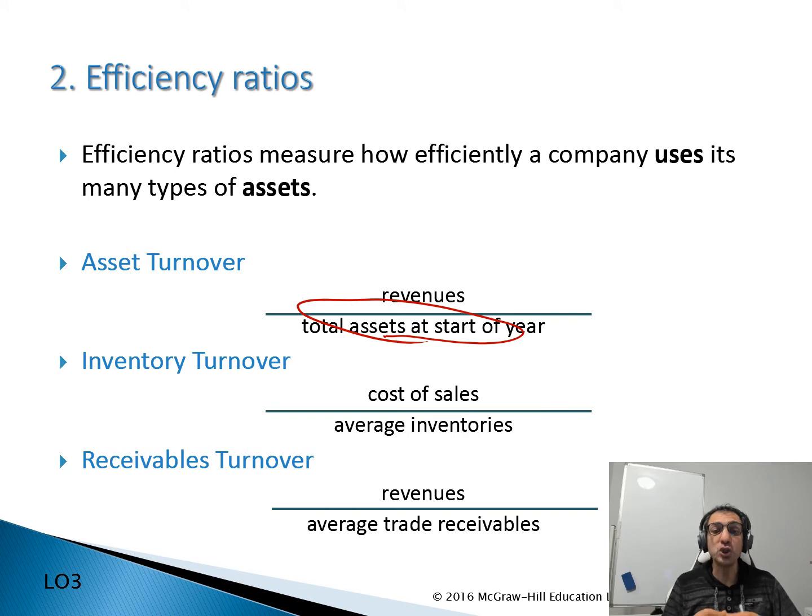You are able to generate more sales with the same or a given level of assets. So for sure, higher turnover is a good indicator of efficiency. A higher ratio is better in your case. It means you are using your assets, your inventory or accounts receivable in a better way to generate revenue.